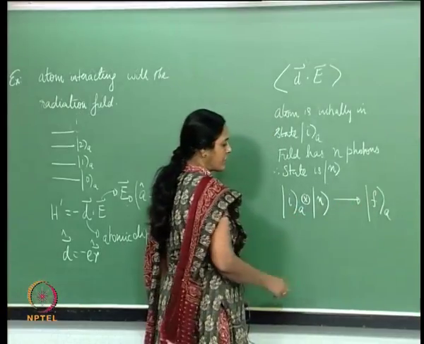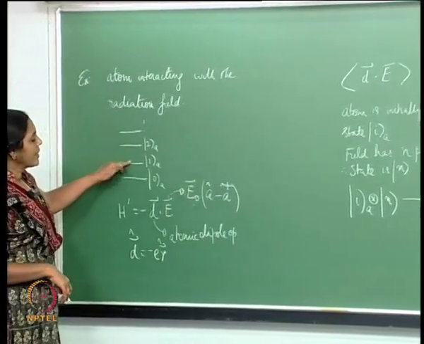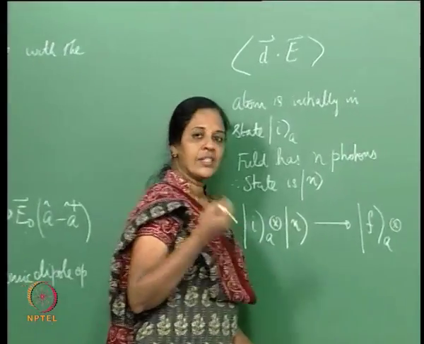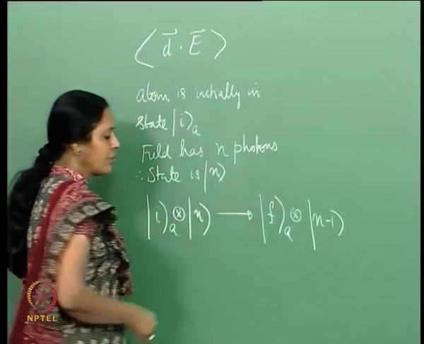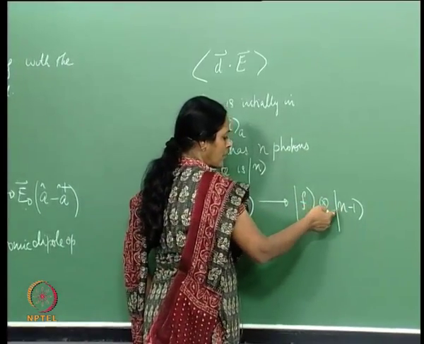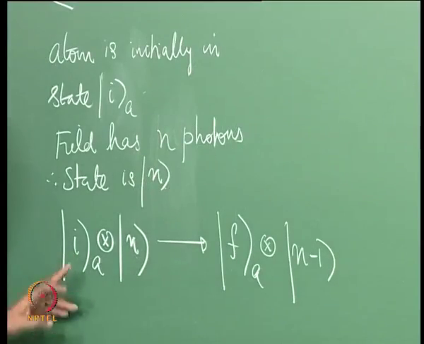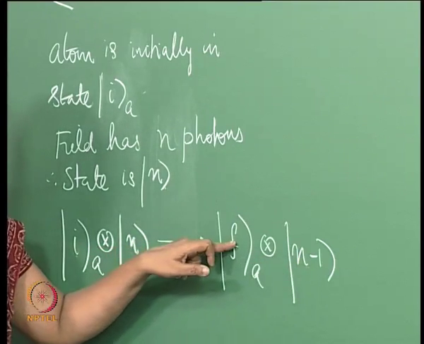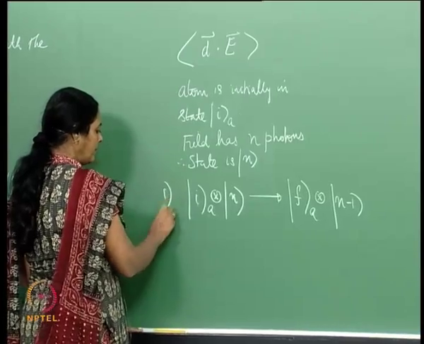which is a final state of the atom. Now, two cases are possible. The final state could have been reached by absorption of photons by the atom. Let us say it absorbed one photon, and therefore at least one of the photons in the radiation field was used up, and I have a final state which is given by F_A. Clearly, this is a higher energy level compared to I, because the radiation field has lost a photon, and that photon has been absorbed by the atom to go to the state F. Now, this is one possibility.